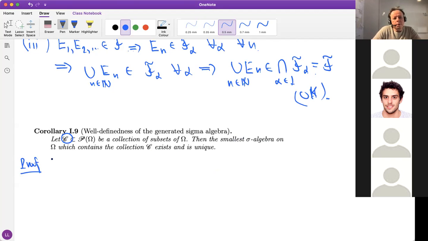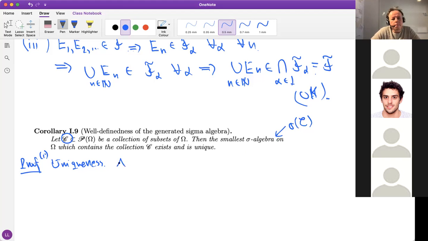Let's first think about uniqueness, as part one. Uniqueness. So assume that this smallest sigma algebra that we used to denote by sigma of C exists.